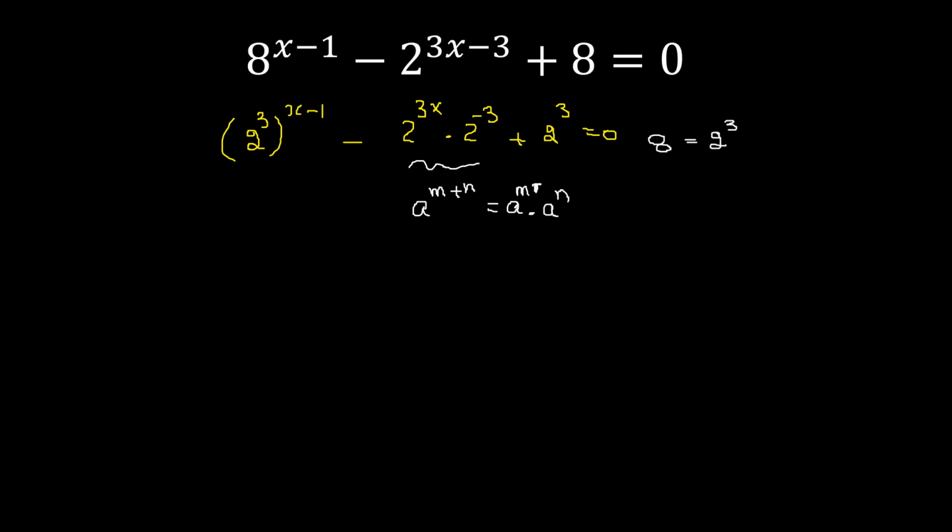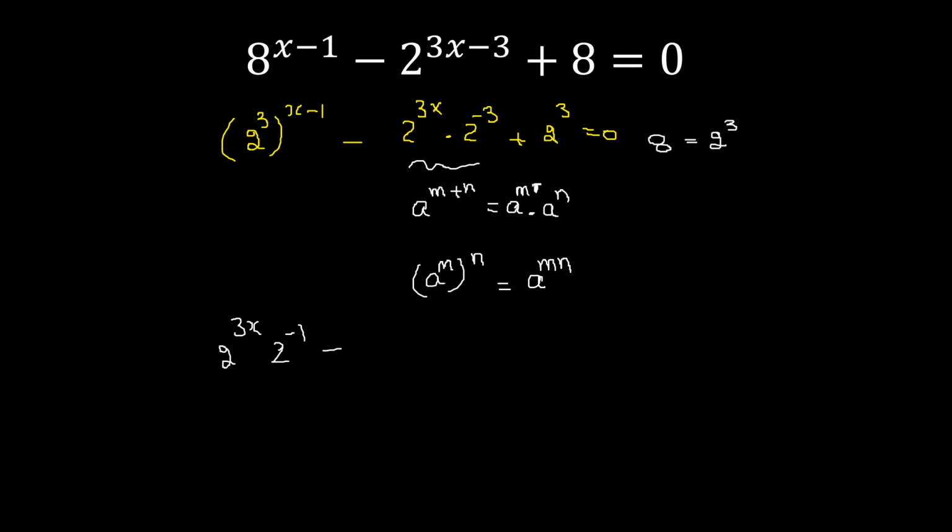And here we use the property that if we have an exponential raised to a power, then that will give a raised to power mn. So by using these properties, we get 2 raised to power 3x times 2 raised to power minus 1. I am using both of the properties here.